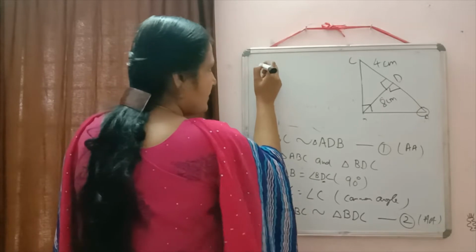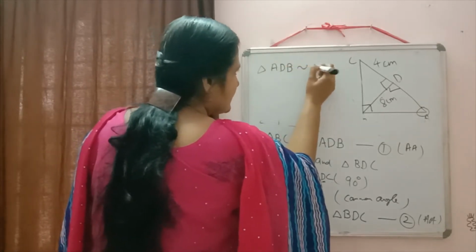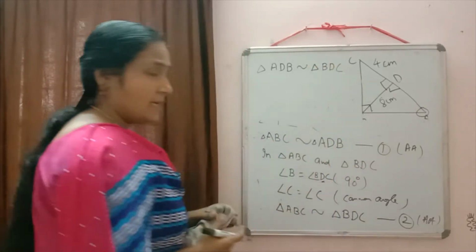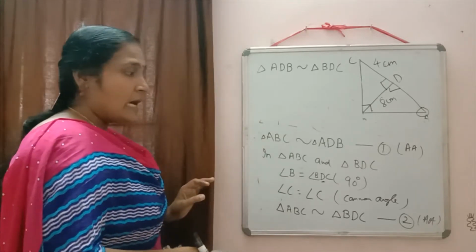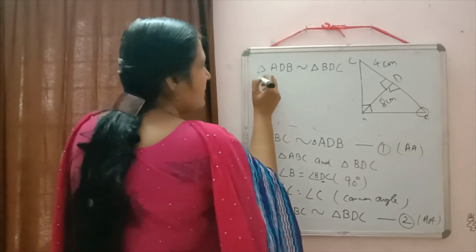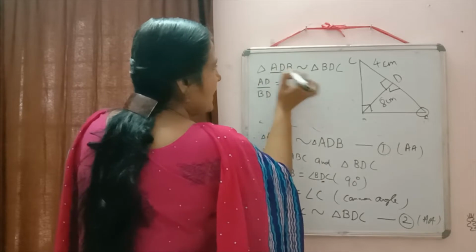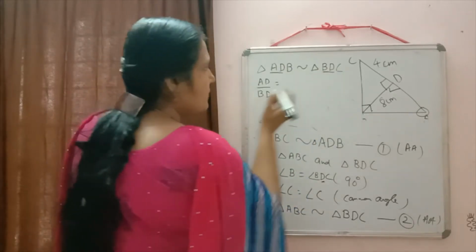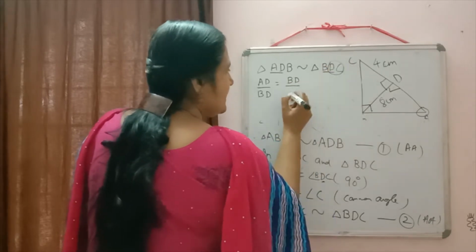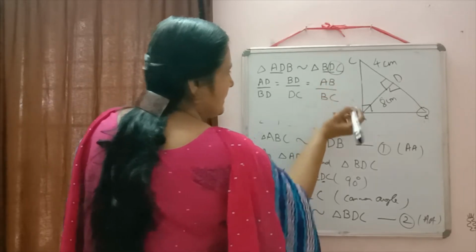So write down there from equation 1 and 2, triangle ADB is similar to triangle BDC. Naming is important. Naming you have to write correctly only. Okay. Now we will write down the ratios. So what will come? AD by BD is equal to BD by DC is equal to AB by BC.